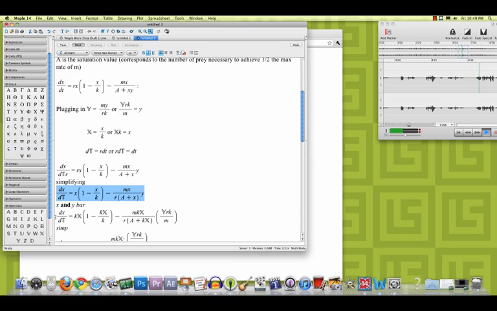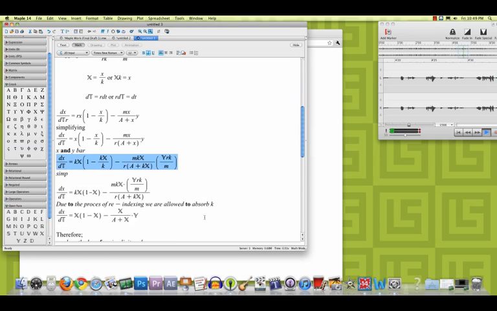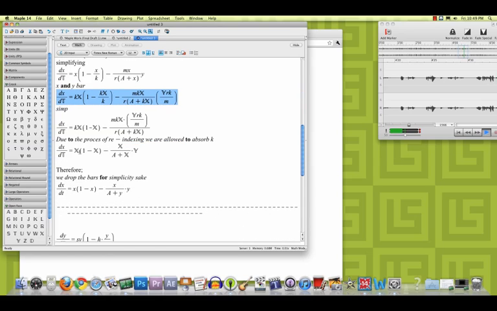We plugged in x and y-bar in this equation. Then we simplified and got this equation. And due to the process of reindexing, we are allowed to absorb the k's, so we get this. And then we drop the bars for simplicity's sake, and we get the reindexed equation.